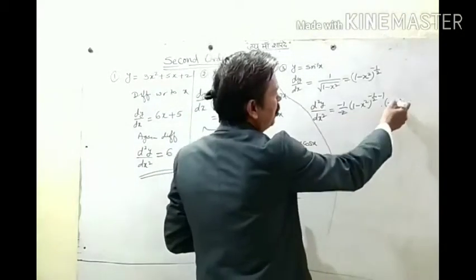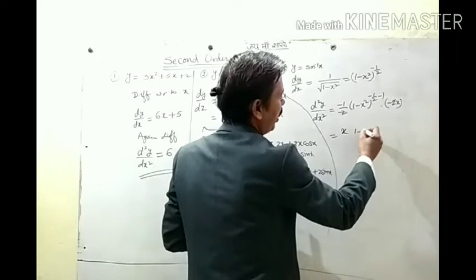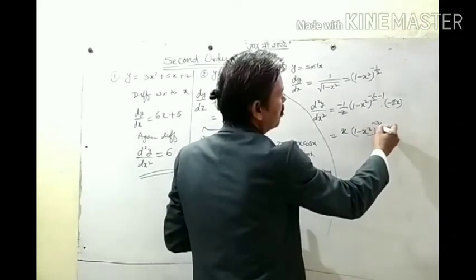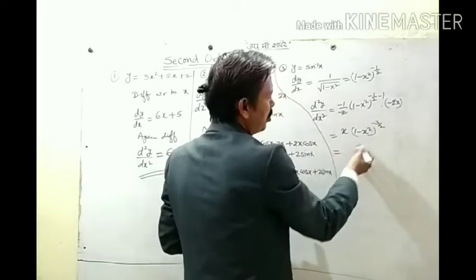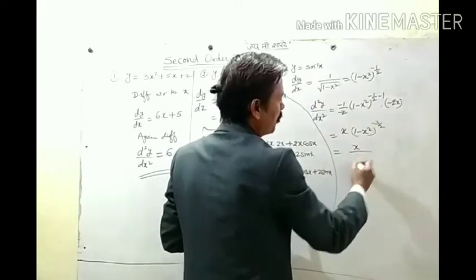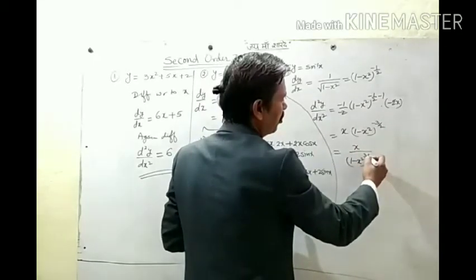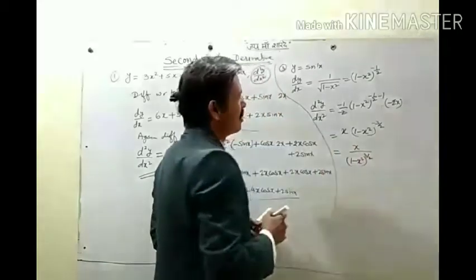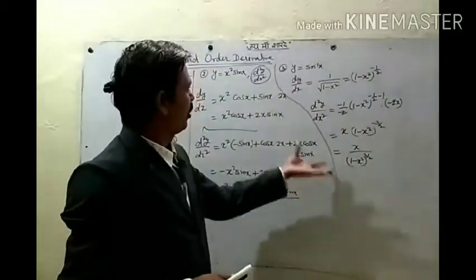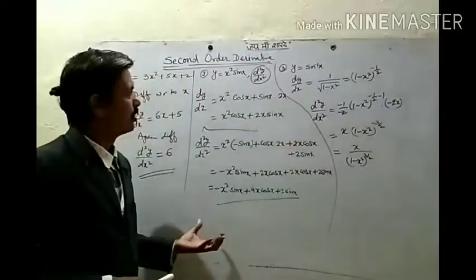The 2 cancels out, then minus 1 and minus x is plus x, and it is 1 minus x square to the power minus half minus 1, which is minus 3 by 2. So this is the second order derivative of sin inverse x, or you can write it as x upon 1 minus x square to the power 3 by 2. In the same way, we can find derivatives of some other functions also.